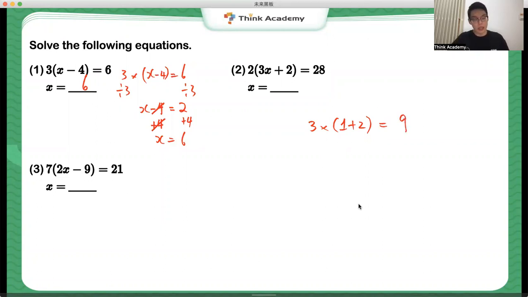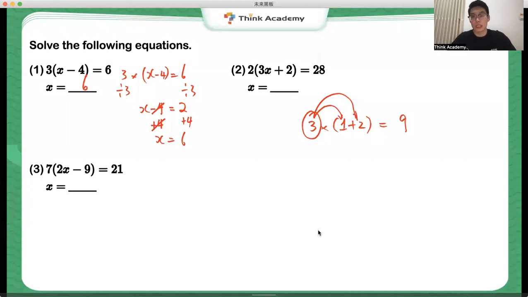Yeah, that's right. It's 9. And then, according to the distributive law of multiplication, for the 3 multiplying whatever is in the brackets, adding or subtracting each other, I need to multiply the 3 to every term within the brackets.